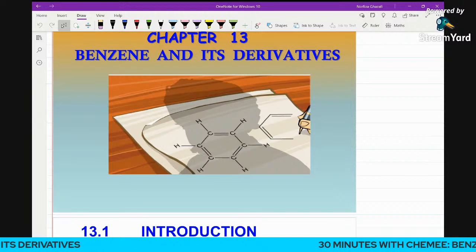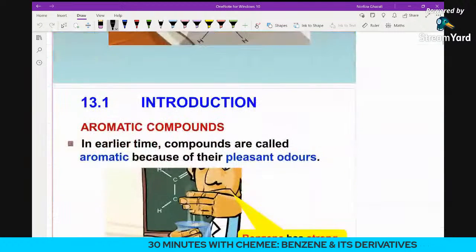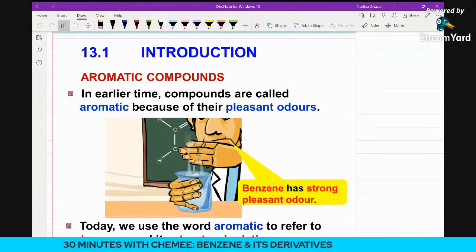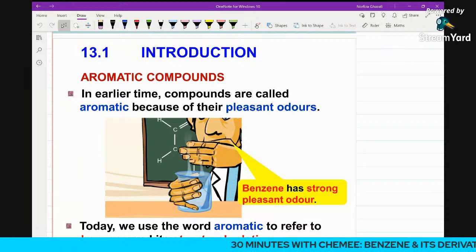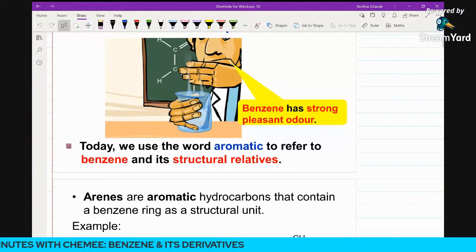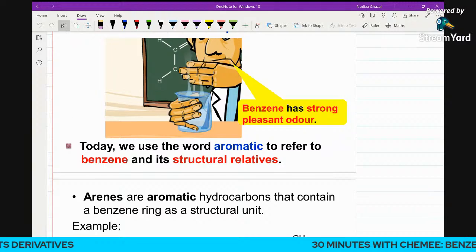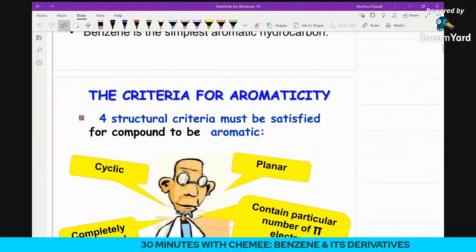So let me start with the introduction of benzene. What is benzene? It is an aromatic compound and it has an odor, something that we will notice if benzene is placed near us. So in our syllabus, how do we know benzene or an aromatic compound?